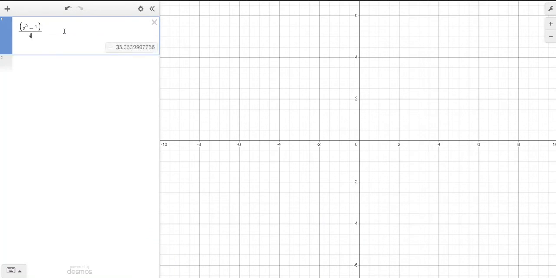There we go. It is about 35.35. I said 3 decimal places, 35.353. And you'll note certainly Desmos understands what e is. No problems there.